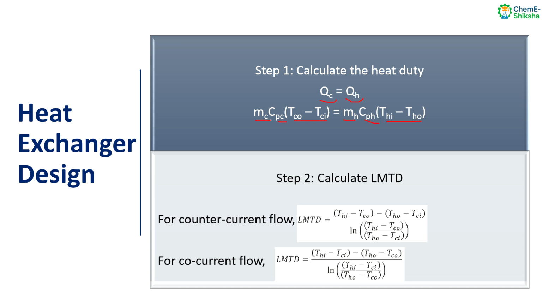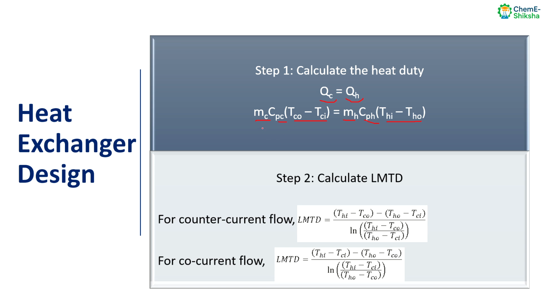So to calculate the heat duty, we must know at least one of the fluid mass flow rates, either mC or mH. From the literature, we can find out the Cp value of cold fluid or hot fluid, and the hot fluid and cold fluid inlet and outlet temperatures will also be given.